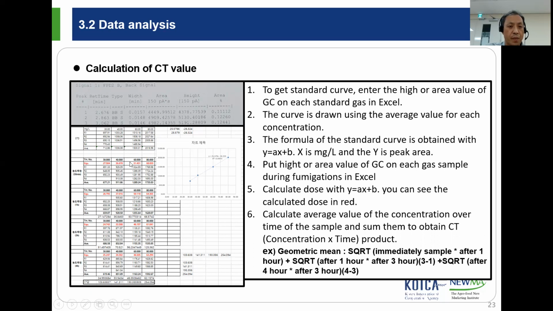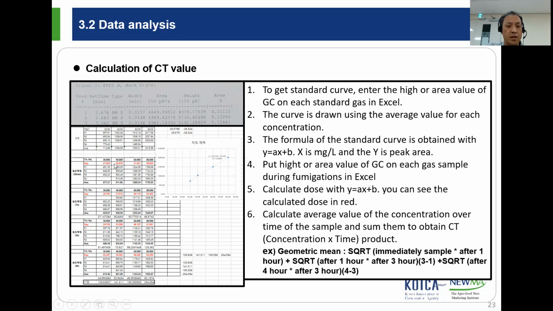So you put this area in y, you can calculate the x of those, and then calculate the average value of concentration over time of the sample, and then sum that to obtain the CT product.